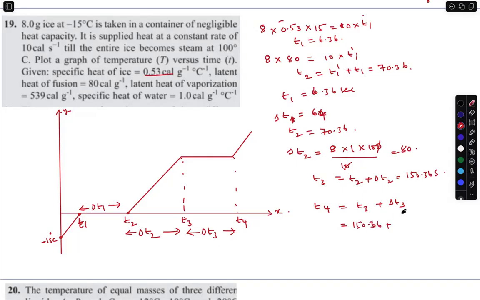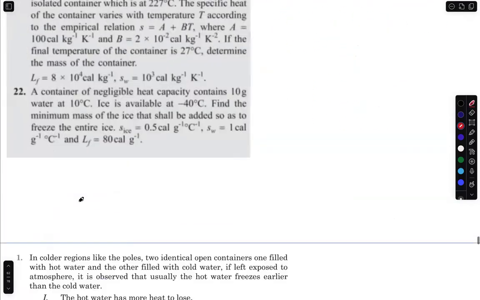Delta T3 is entire 80 grams to vapor. So 80 into 539 by 10. Trust me, you will get this as 431.2. So overall, this is 581.56. Okay, this is 100 degrees centigrade and this is 0 degrees centigrade. That's all.